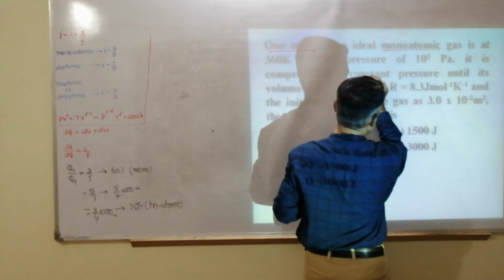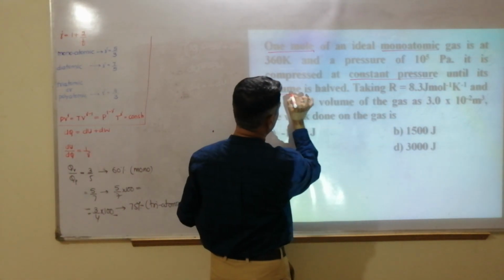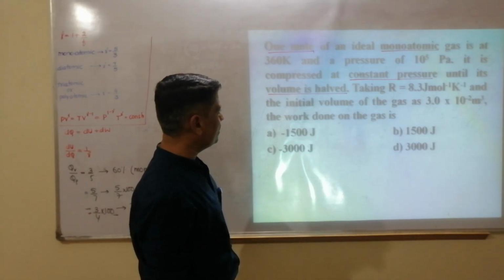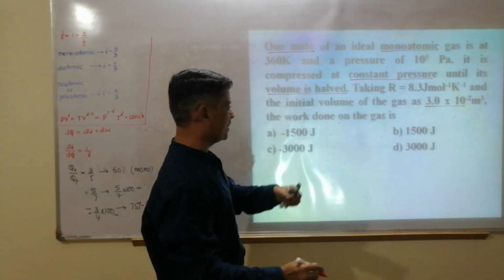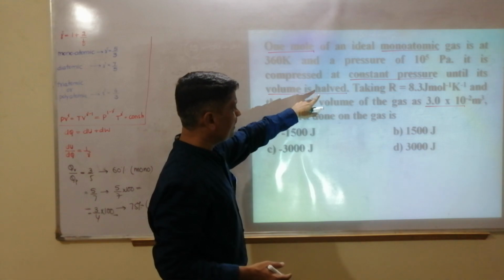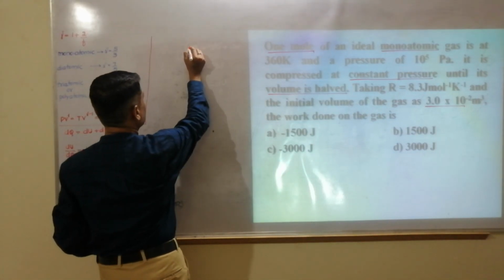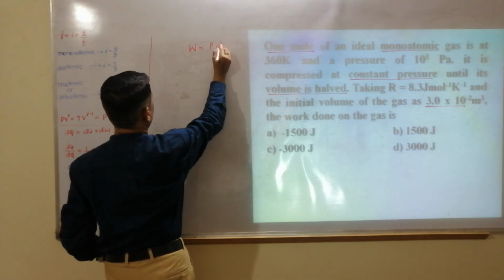Constant pressure. This word is also important. Constant pressure, until its volume is halved. Taking R is equal to 8.3. Initial volume is this. Then work done by the gas. You know that it is a constant pressure, work done is asked. You know, work done in constant pressure is given by P into dV.